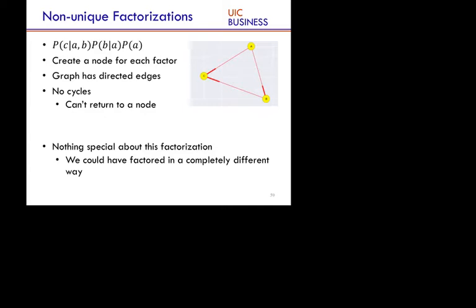I have 3 terms. In every factorization, typically the number of terms will be the number of random variables. Okay, three random variables, 3 terms. So I'll create a node for each factor, and I'm going to call the nodes on the right side of the vertical bar the parents of that node.